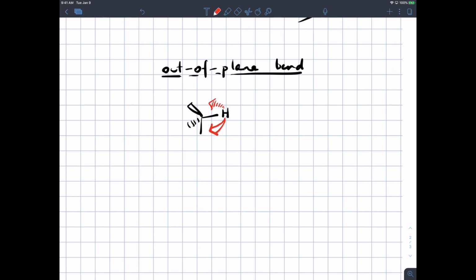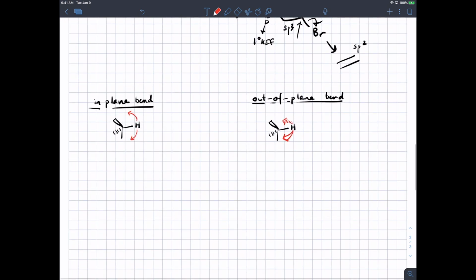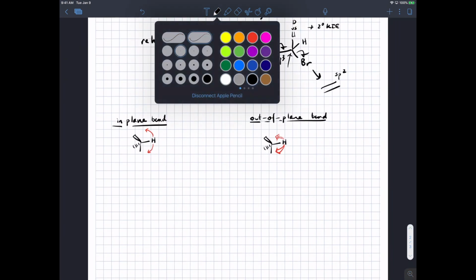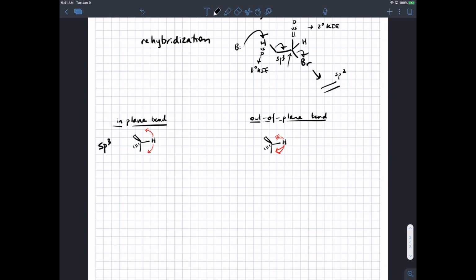Near, then far. Okay? So for an sp3 hybridized carbon, those bond vibrations are very similar. In fact, you can tell that just by looking at where they absorb in the IR, and that's 1350 wave number. Wave number is directly proportional to frequency, which is directly proportional to energy.